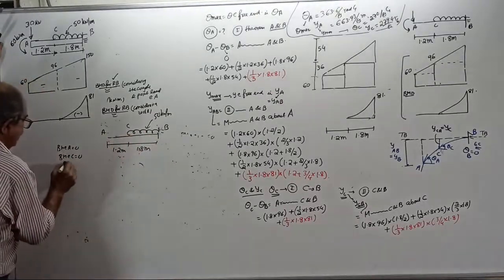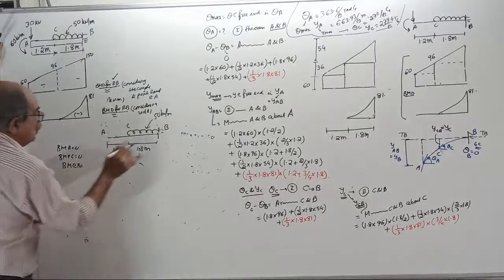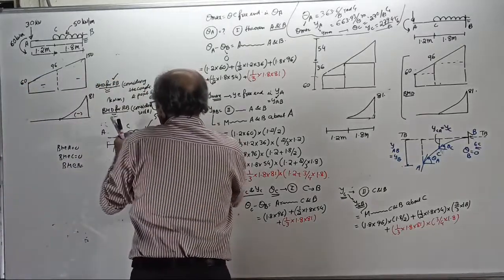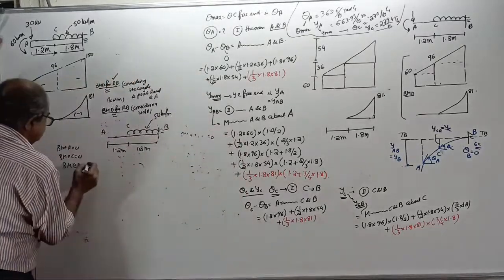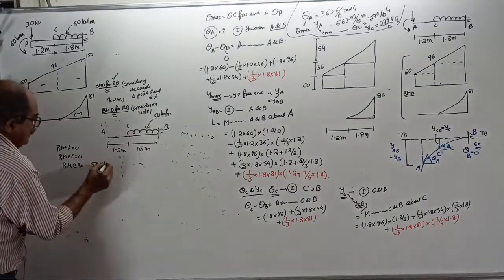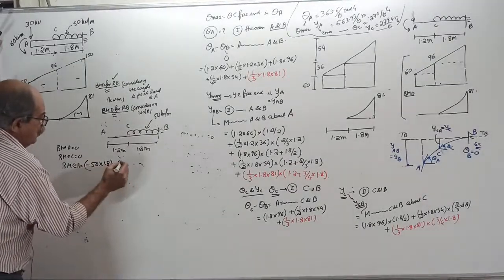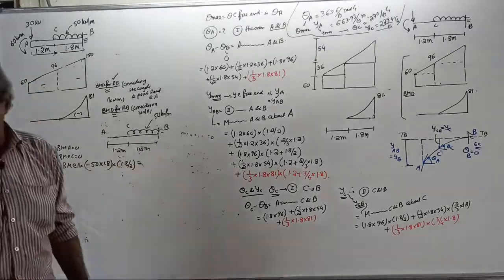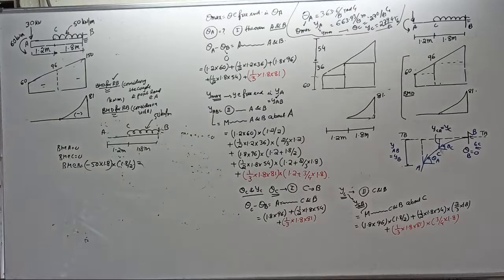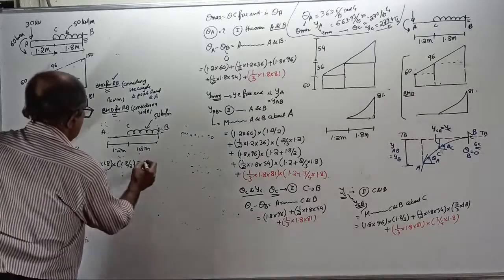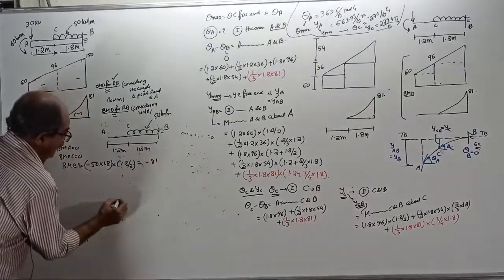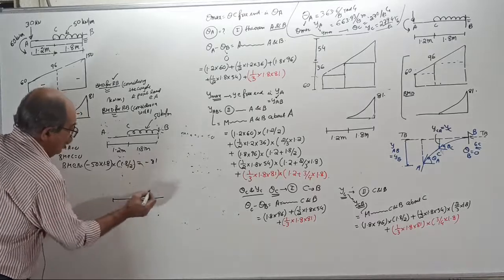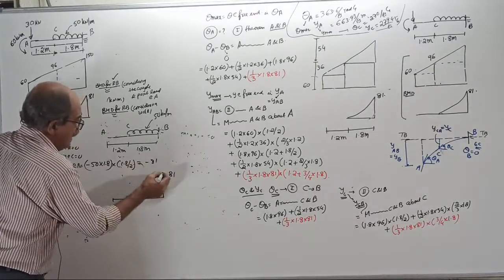BM at B equals minus 50 into 1.8 into 1.8 by 2, which is minus 81. So your BMD will be 0 here, 0 here, and 81 here.